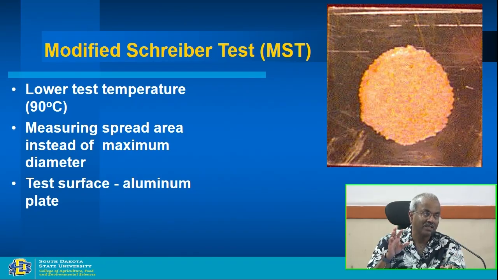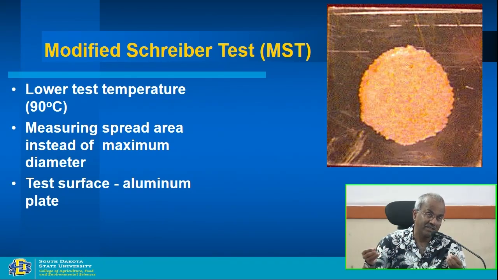So we thought that is overkill. We were trying to find out if there is any other way we can reduce the heating, and use different surfaces so that it has a better spread. Basically you are looking at the spread area, maximum diameter.